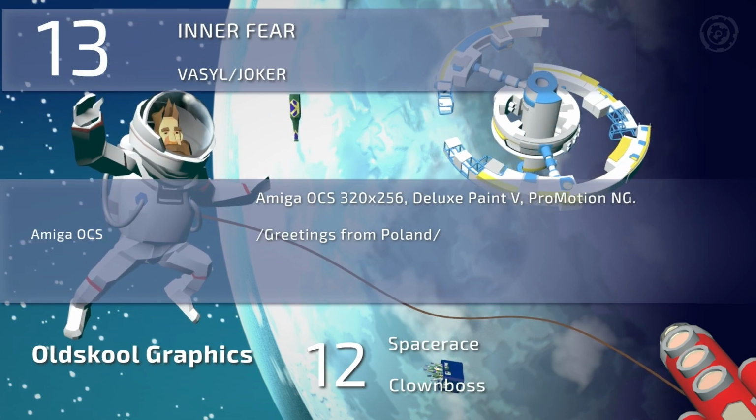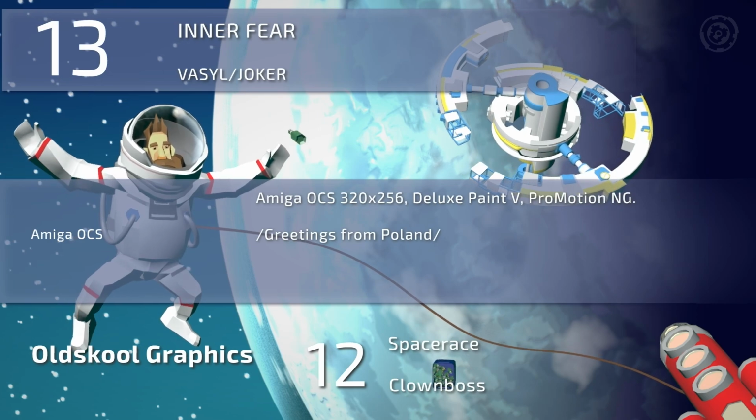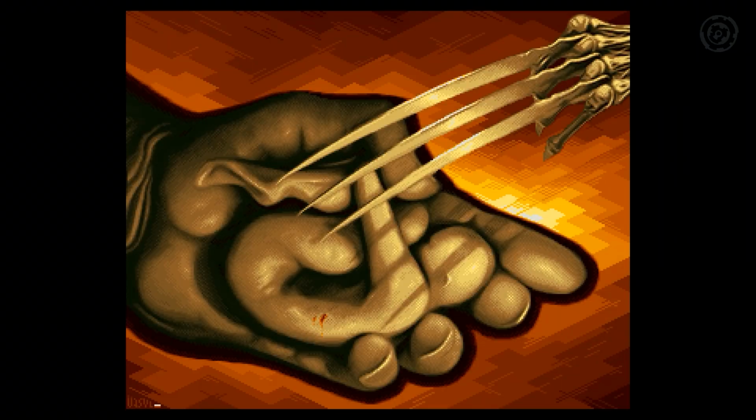Inner Fear by Vasyl of Joker. More OCS, Amiga. Deluxe Paint 5. Now, that's some, I want to say detail work, because there's a lot of detail work in some of the claw, but then the person who is in the hand, there's detail there too.